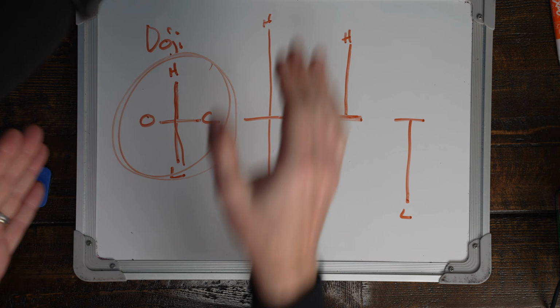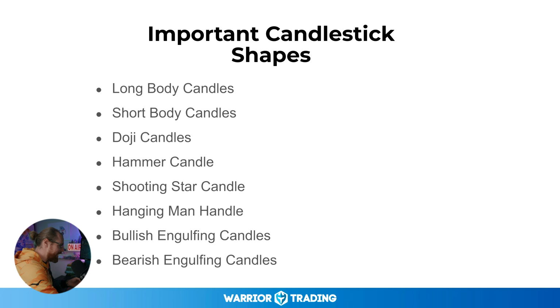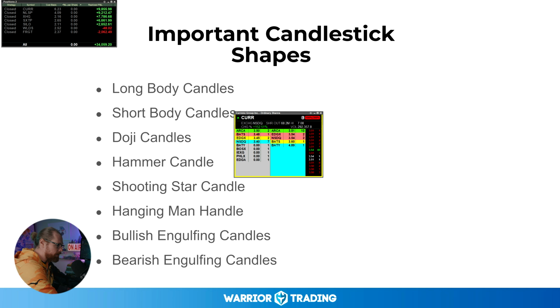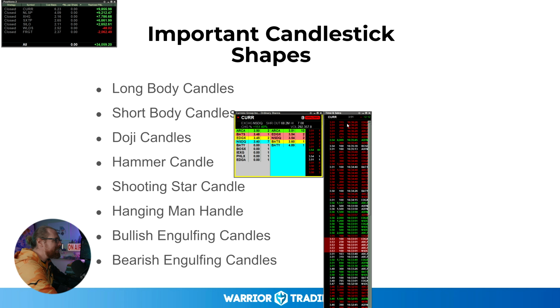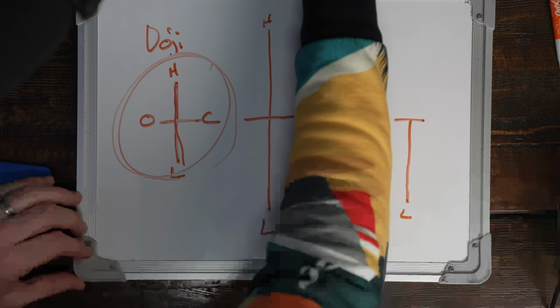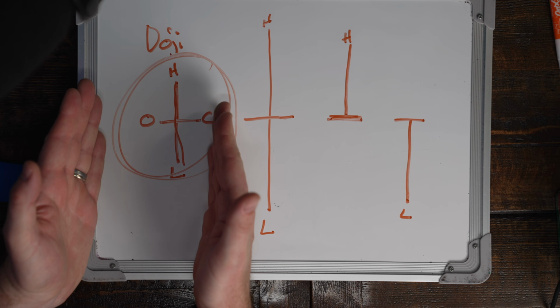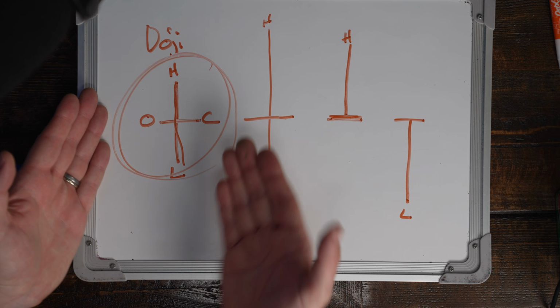Now, the actual orders that are going through the market that create these shapes are visible on your level 2 data. It's actually in your trading data right here on your time and sales, on your level 2, where you can see each individual order that goes through that ultimately creates these candlestick shapes. The candlestick shapes, in a sense, are historical because they're documenting price action that has just occurred.